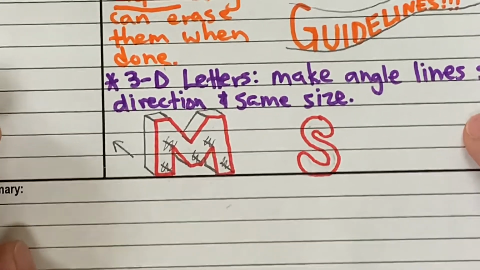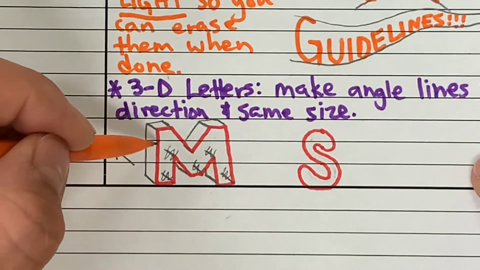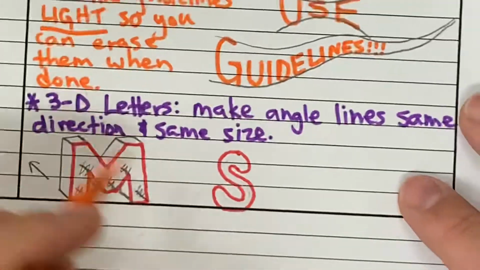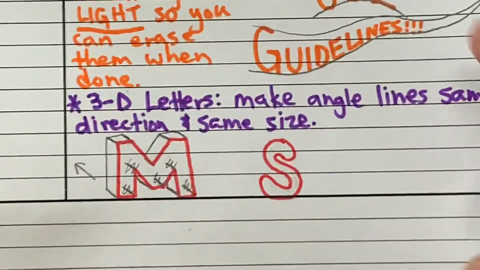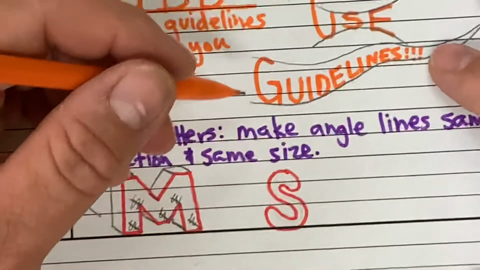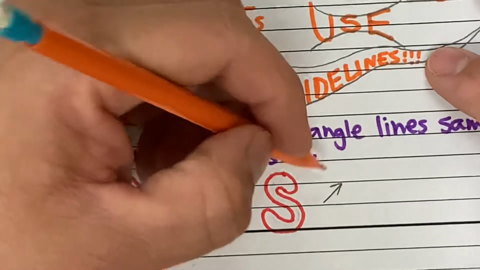Now, the ones that are curved are a little bit more difficult because you don't have like these sudden changes where, boom, it goes and makes that point. So for something like the S, you would just start throwing angle lines. For example, let's say with this S, I want to go top right.